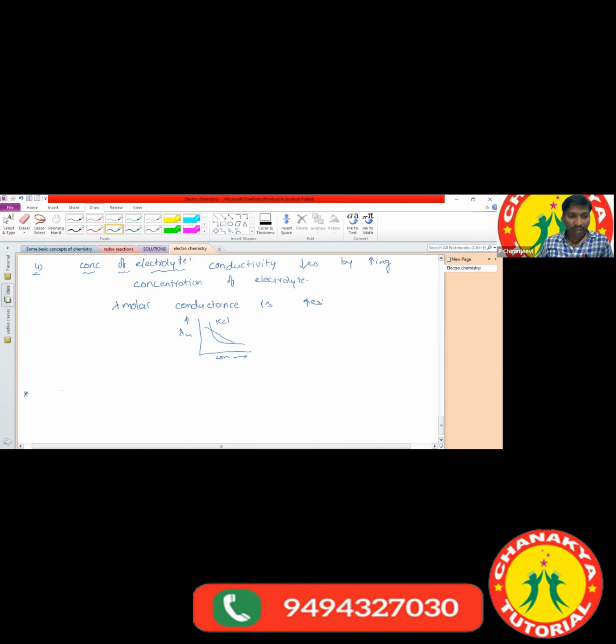Who is going to explain the molar conductance of the weak electrolyte? Conductance of a weak electrolyte is explained based on the Debye-Huckel-Onsager equation. What is the Debye-Huckel-Onsager equation?